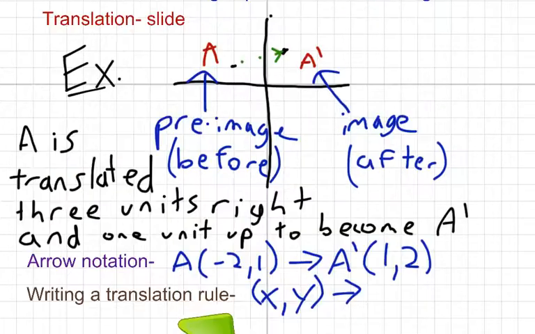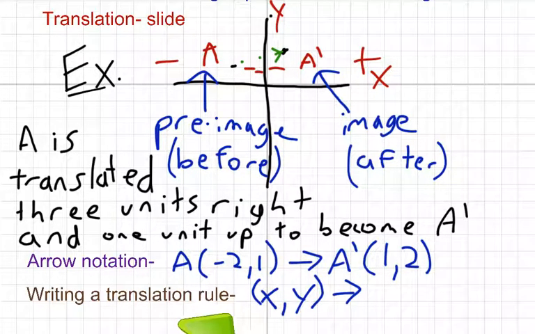Let's look back up. Remember, my x-axis is horizontal, my y is vertical, so my x part is going to the right 1, 2, 3. Another way to say that is it's adding 3. It's going in the positive direction. Remember, these are all my positive x values. Those are my negatives. So it's going positive 3.